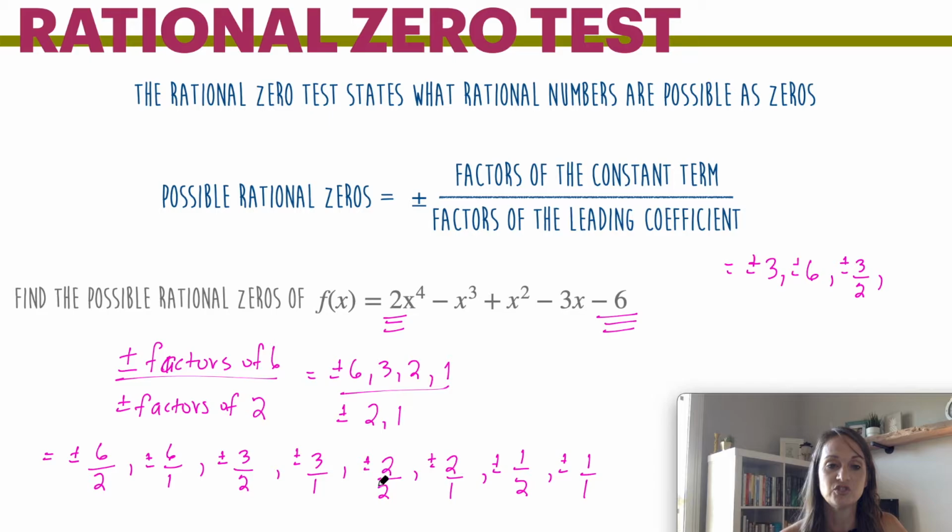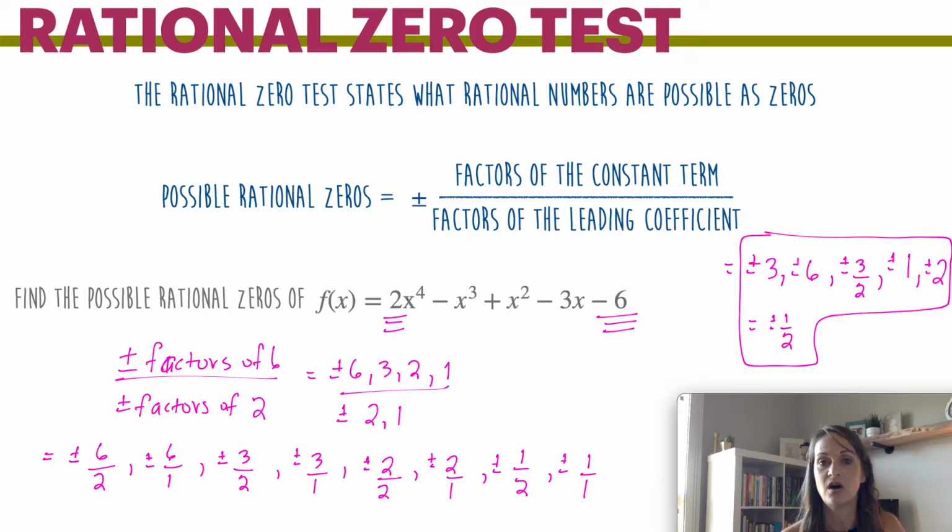The next number is 2 divided by 2, which is plus or minus 1. The next number is plus or minus 2 over 1. We don't have a 2, so it could be plus or minus 2. And then plus or minus 1/2. And then last, it would be plus or minus 1, which we already have written down, so we're not going to write it again.